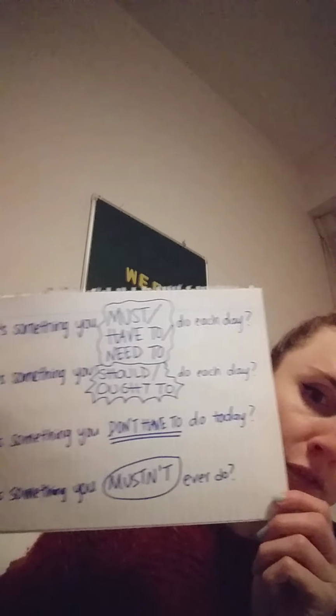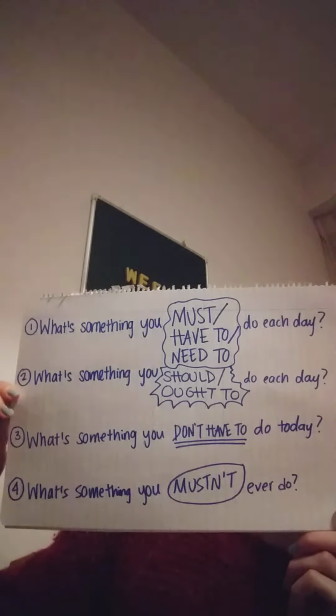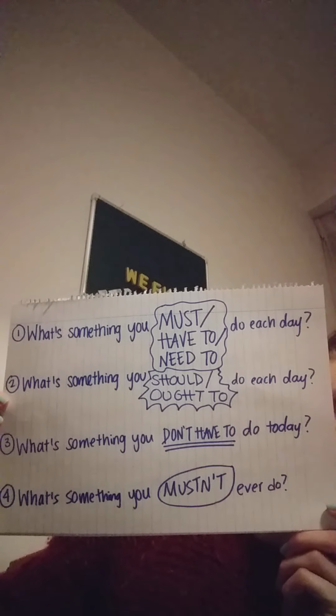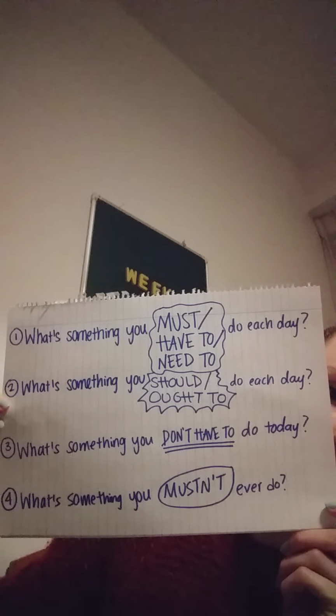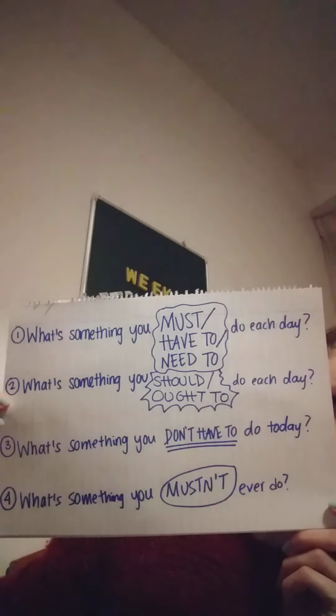The first thing we're going to do today is I'm going to hold up some questions and I want you to write the answers in your notebook and later send them to me. Okay, so these are the first questions. Number one: what's something you must or have to or need to do each day?